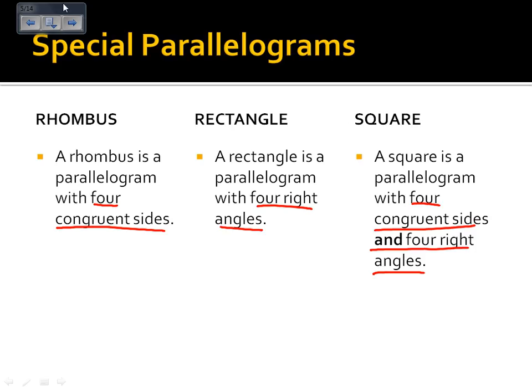But we're going to be a little more specific about the definitions. Please write these down. Leave some space for a picture. You're going to draw a picture. Leave some space for a picture underneath or next to it.